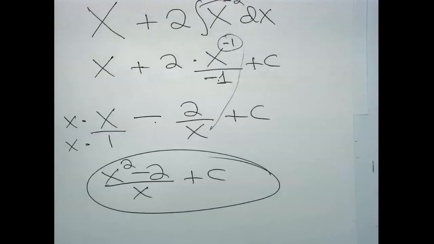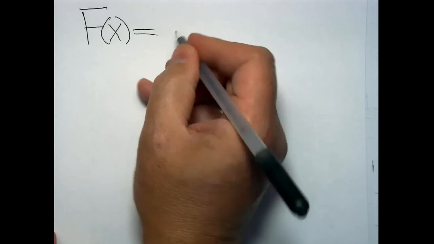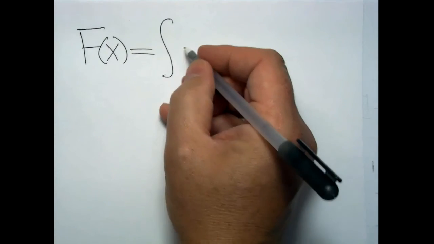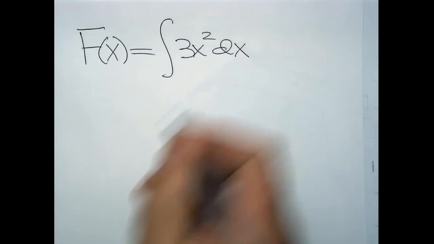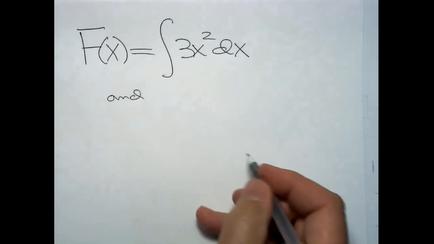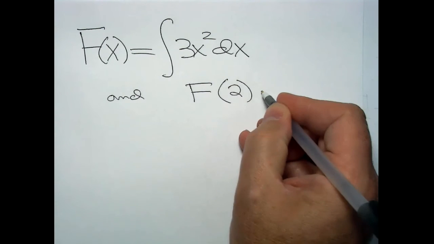Now, I want to finish up this topic of finding the antiderivative, and I want to do so by showing you that sometimes we can actually figure out what this elusive c is. So let's see if we can have an example where we actually learn or discover what c is. Capital F of x, the unknown original function, is the antiderivative of, let's make it 3x squared, and F of 2 is 9.